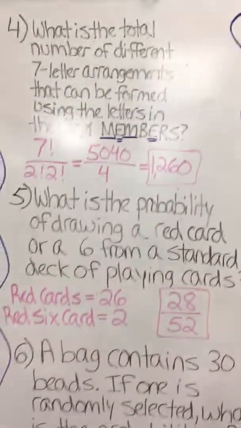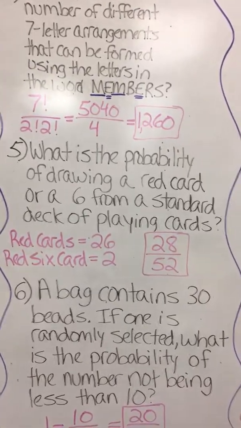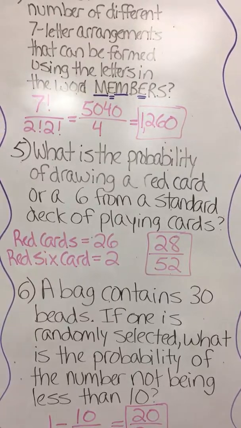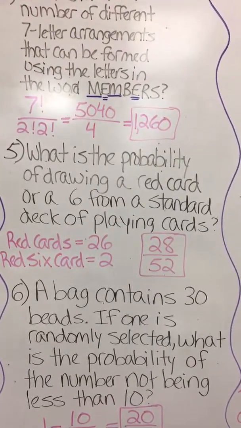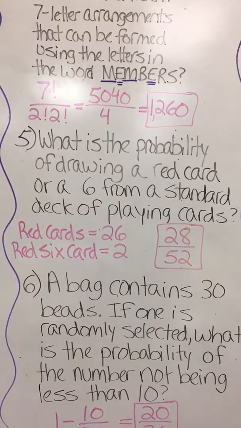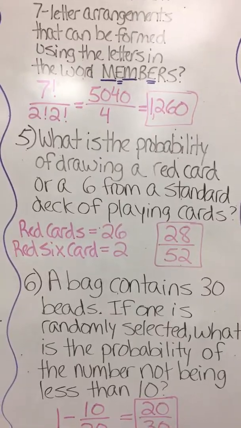Now let's move right along. This is where we're going to start having more than one probability. So this one is, what is the probability of drawing a red card or a 6 from a standard deck of playing cards? So as you can see on the left-hand side, I put the number of red cards is going to be 26, which is half of a full deck.